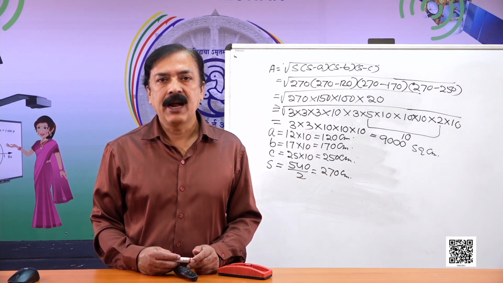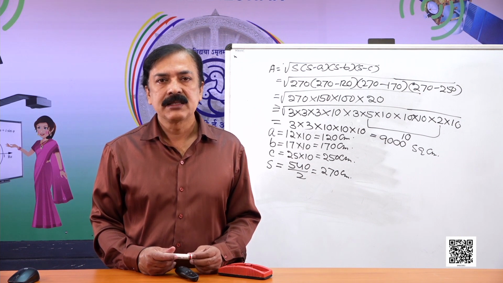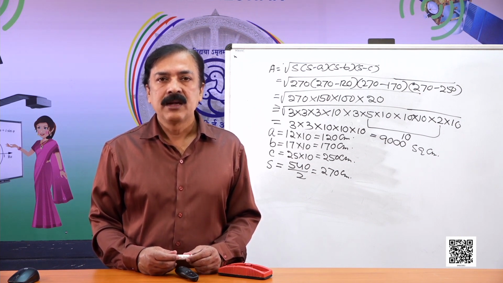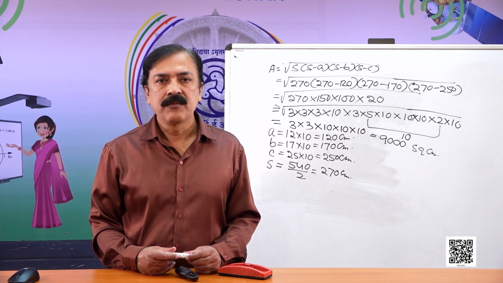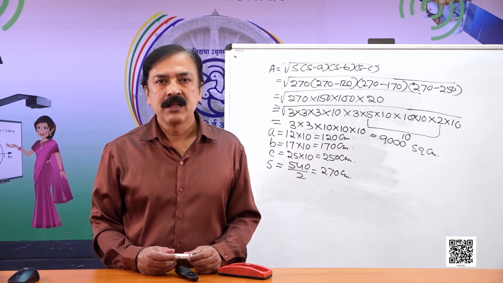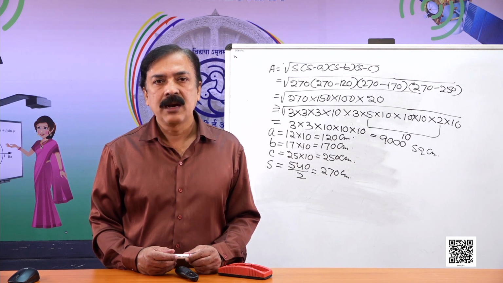If height and base are given, we can use the basic formula, that is half base into height, and if the sides are given, then we have to use Heron's formula, that is square root of S into S minus A into S minus B into S minus C, where S is the semi-perimeter, that is A plus B plus C by 2. Hope you understand this discussion.